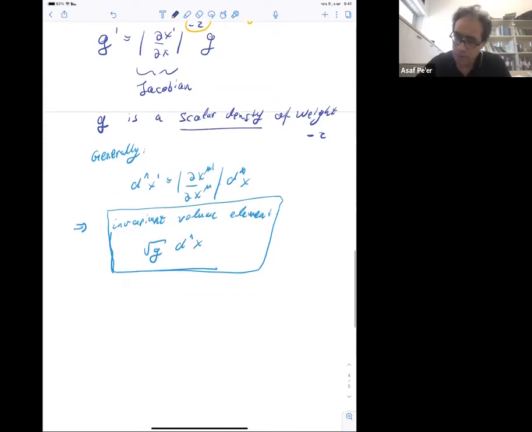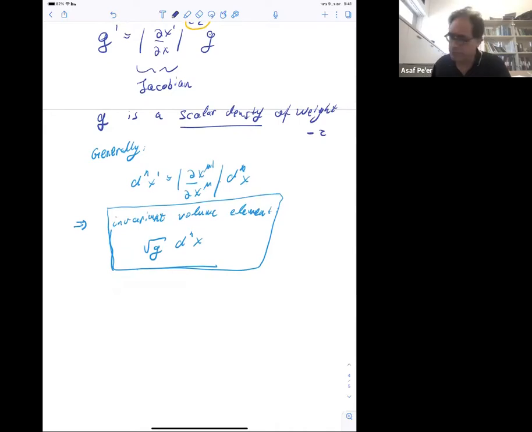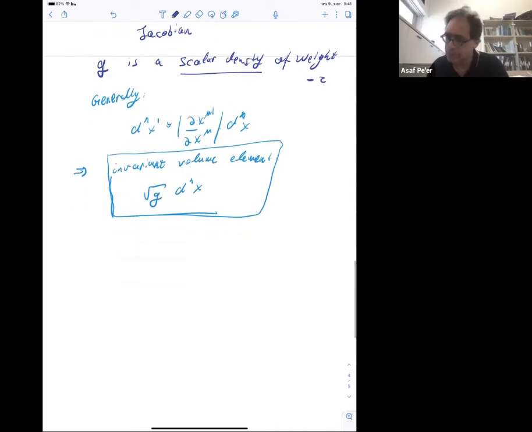Okay. So a few things on notation that you might find in textbooks.